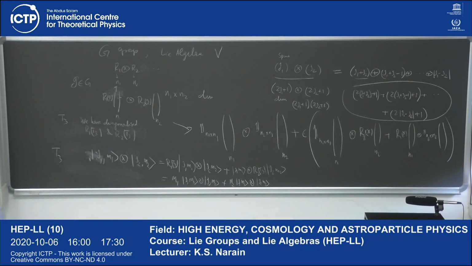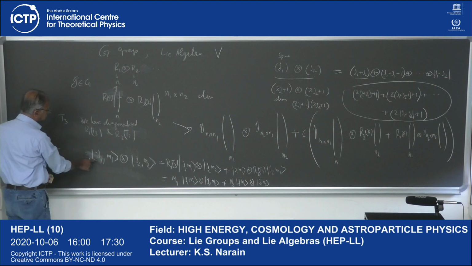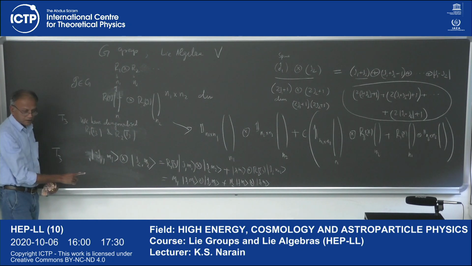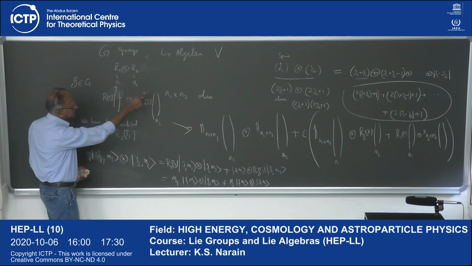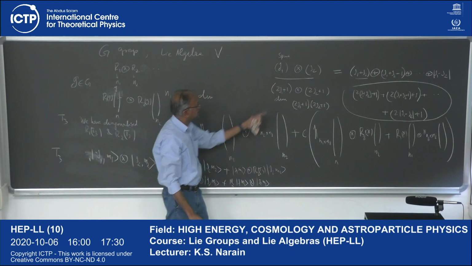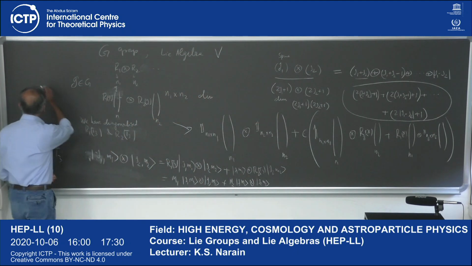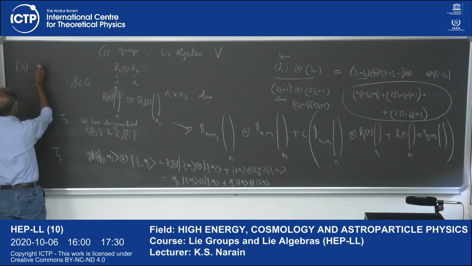On J? No, J is the total spin, right? In a given representation, J1 is just a label of the representation. In this representation, what are the states? When I say J1, the states are M1 equal to J1, J1 minus 1, all the way down to minus J1.